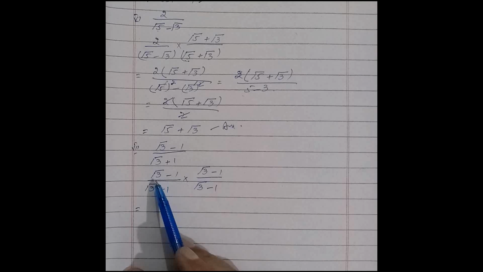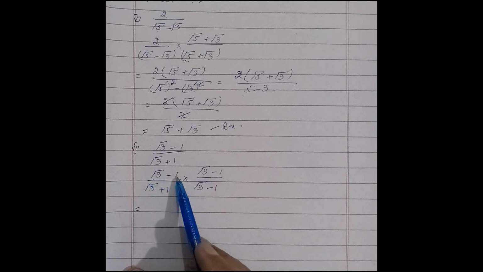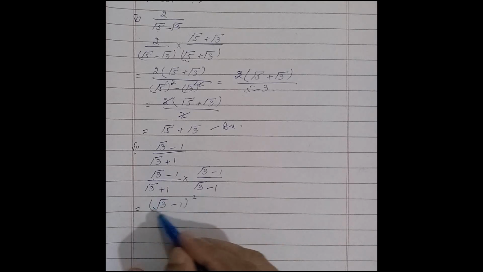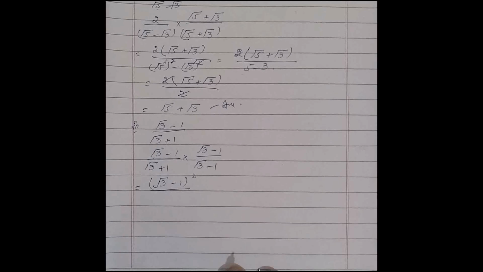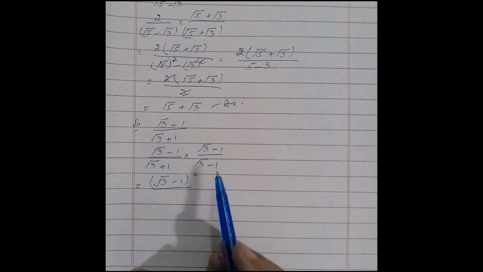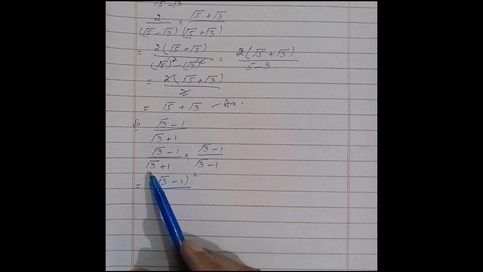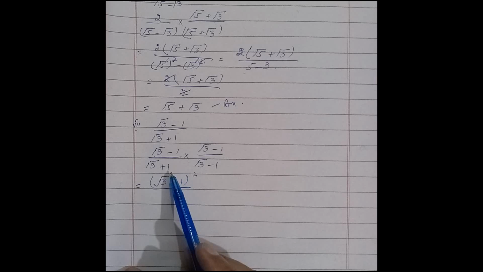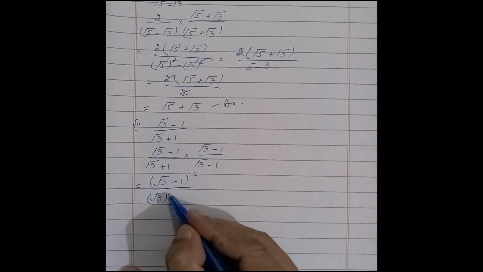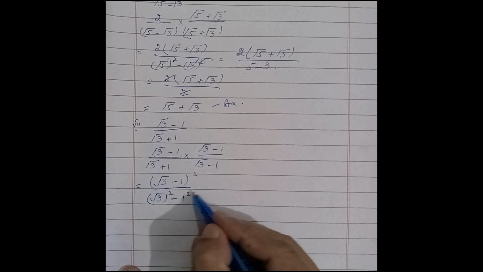In the numerator, we get square root 3 minus 1 whole square. In the denominator, we have a plus b into a minus b, whose answer is a square minus b square, in which a is square root 3 and b is 1. So we take their squares: square root 3 square minus 1 square.